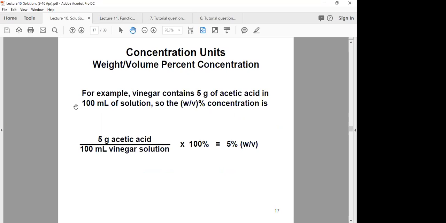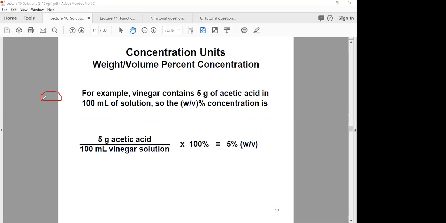So to work out the weight per volume percent concentration, we simply take the solute, 5 grams of acetic acid, divide that by the total volume of the solution, 100 mL, multiply that by 100, and here's the answer, 5% weight per volume. So let's think now about how you would make this up. Because it's all right to actually know how to work this out, but how would you actually make this up, this solution?